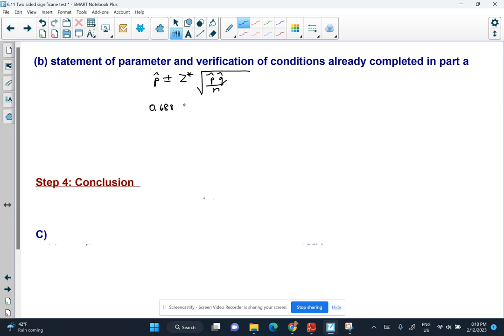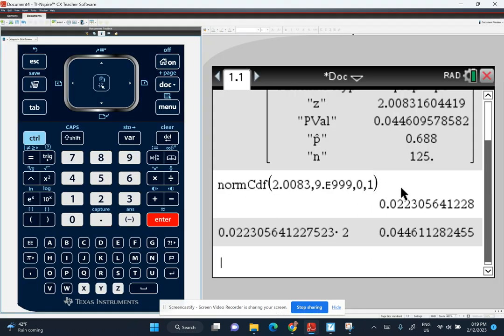For a 95% confidence interval, you can either recalculate it or just memorize it's 1.96. And then it would be 0.688, and let me quickly calculate 1 minus 0.688. That's 0.312, over 125.